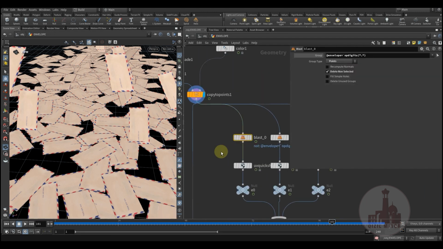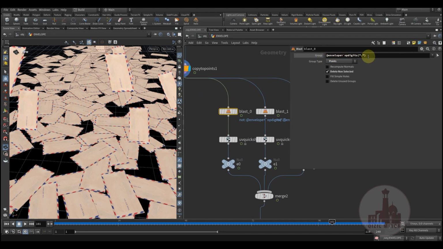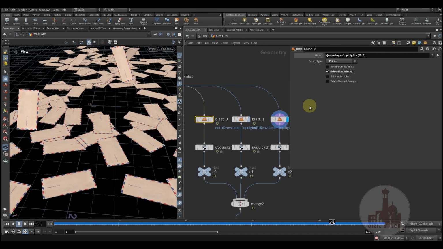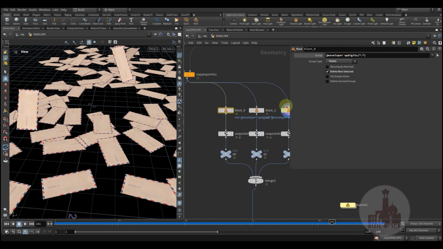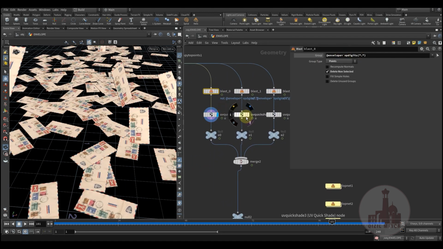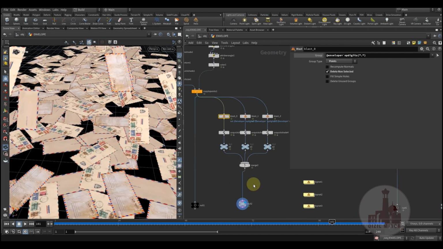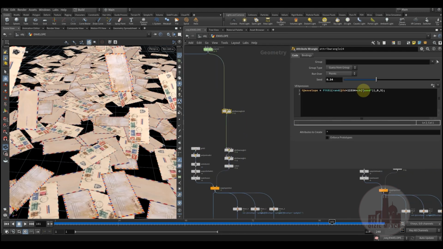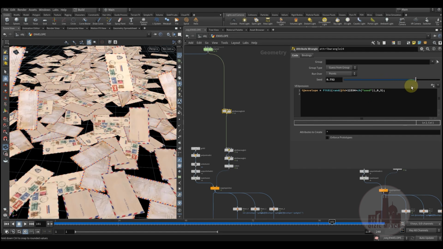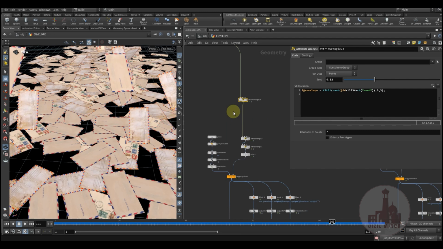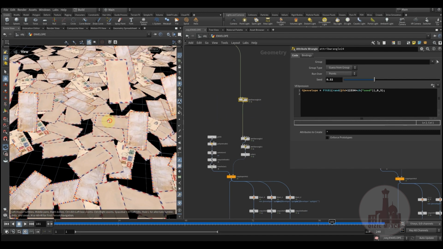Then by using the envelope attribute, I'm extracting each type, in this case 3, and I'm adding those textures. Okay, here's the result. This way I can play with the seed value to get the result I'm looking for.